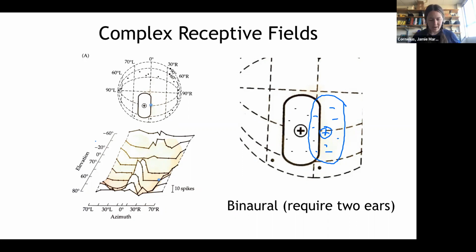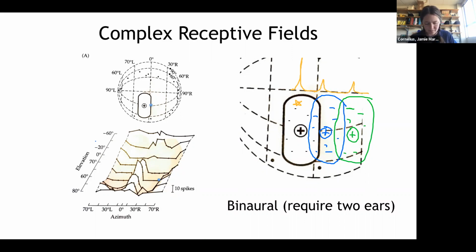Then I'm going to draw one more. If you get a sound that's here, you're going to have action potentials coming out of this neuron, and you're going to have background action potentials coming out of that neuron and that neuron.